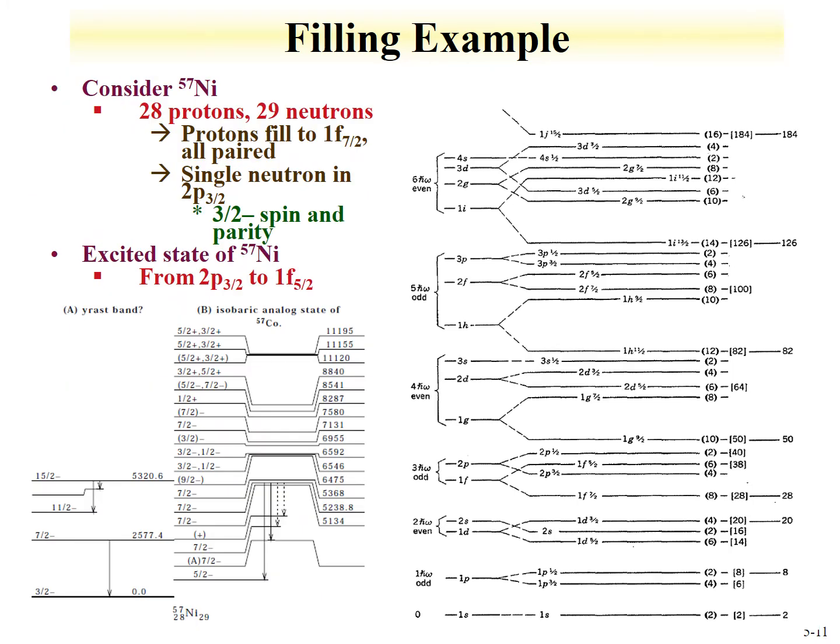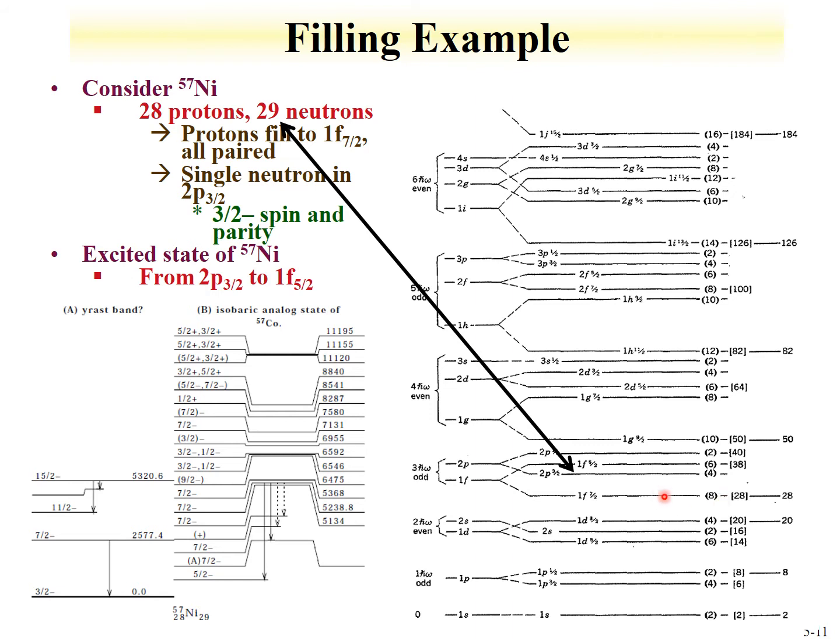We can now consider an example that's a little bit more complex than lithium-7. Let's consider nickel-57, which has 28 protons, 29 neutrons. So that odd 29th neutron, that's going to define the behavior of the nucleus.